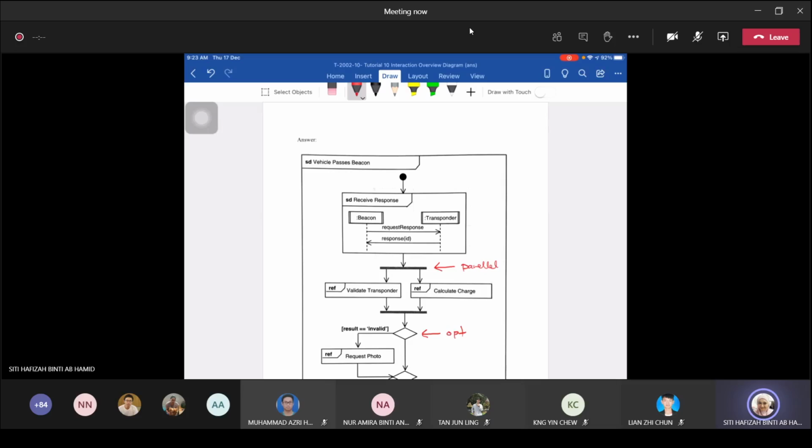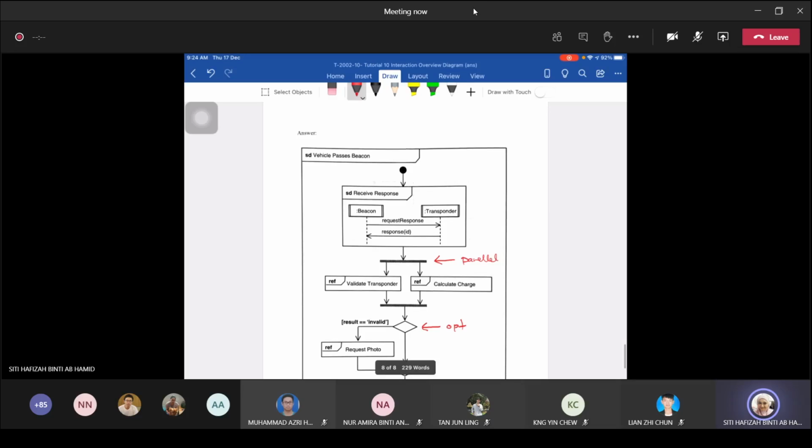So that's why there is no guard here. Straight away go to the end. But since this is an option, you have to use a diamond. So diamond is just like split and merge. Okay, so you have two diamonds for that. Alright. So that's for IOD.